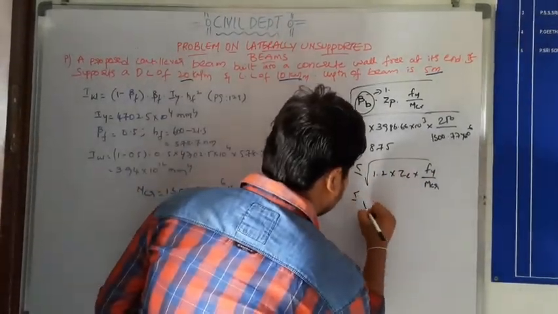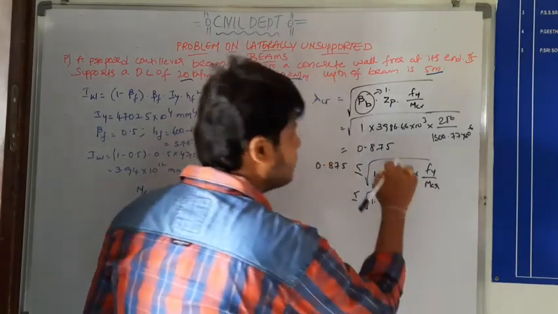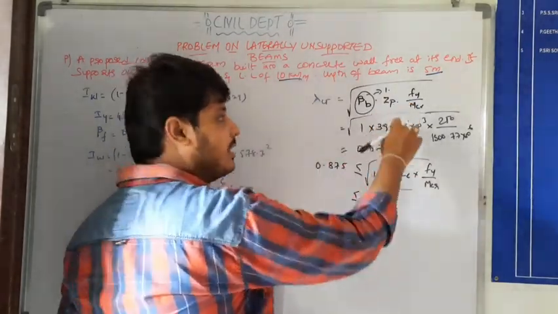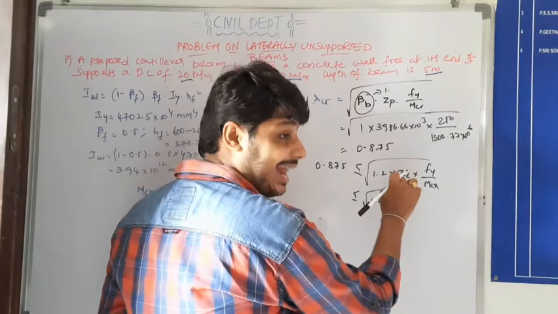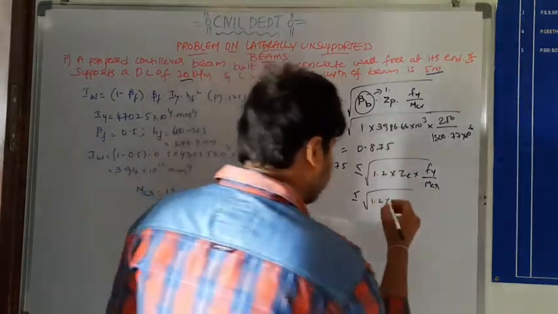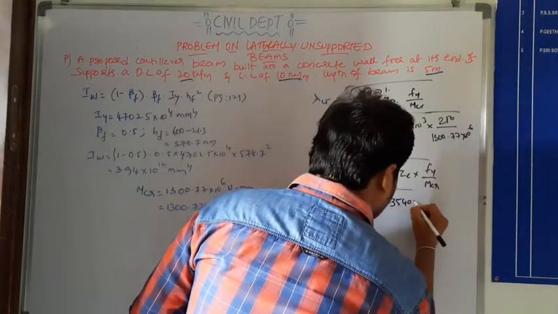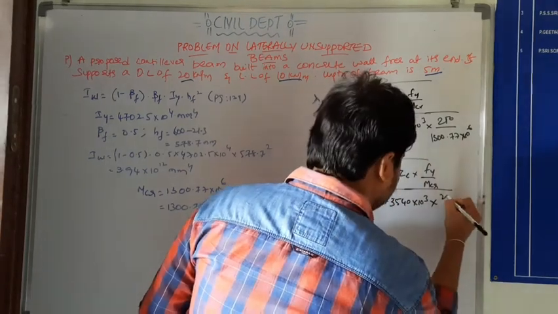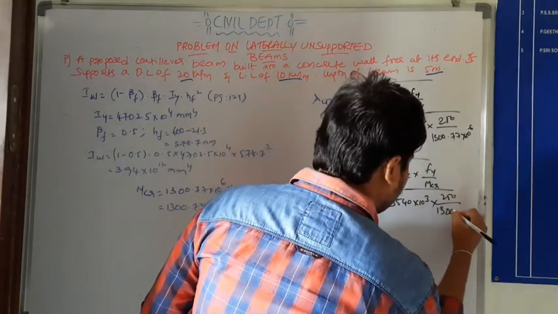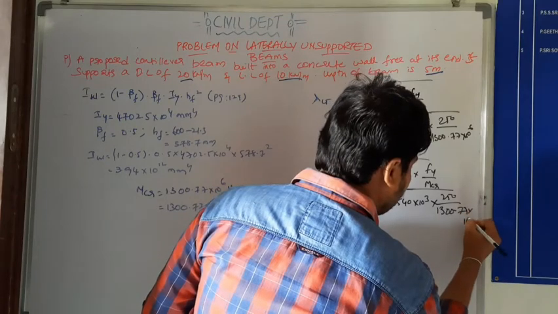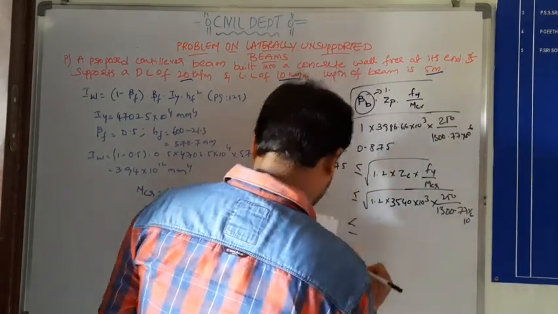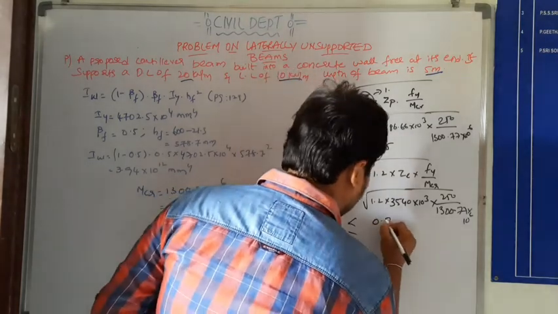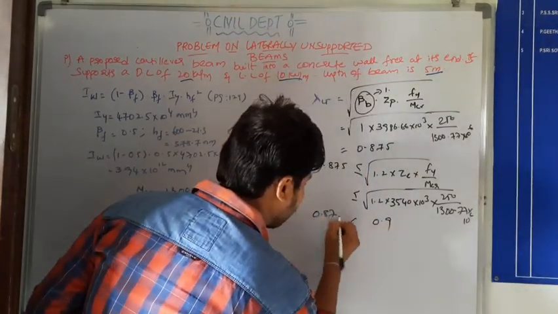So root of 1.2 into, same ZP value for ISWB is 3986, elastic modulus for ZE was 3540 into 10 cube into Fy 250 by 1300.77 into 10 power 6. So which we will get the value of 0.9. This is 0.875.